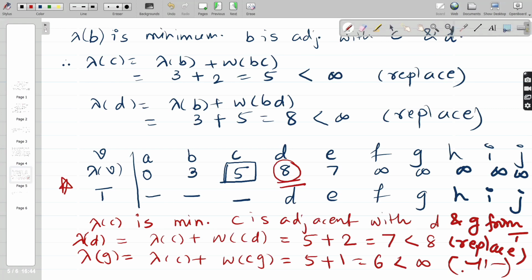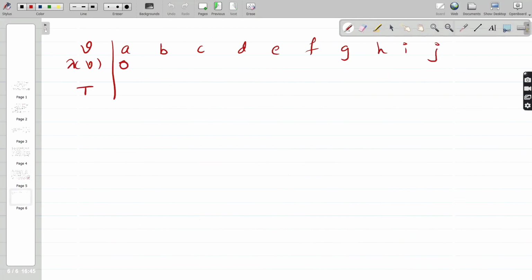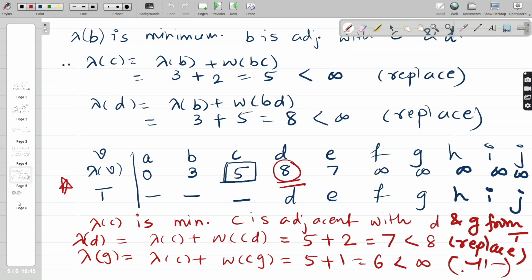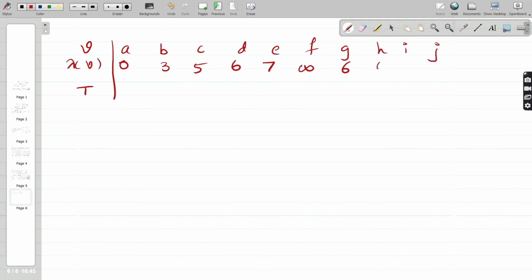Now lambda D I am going to replace by 7. So 0, 3, 5, 7. And for G I have got the answer 6. Then infinity, infinity, infinity. Now A is not there, B is not there, C is not there.